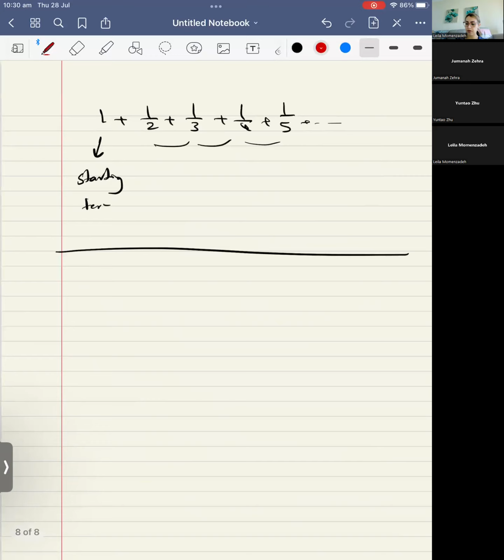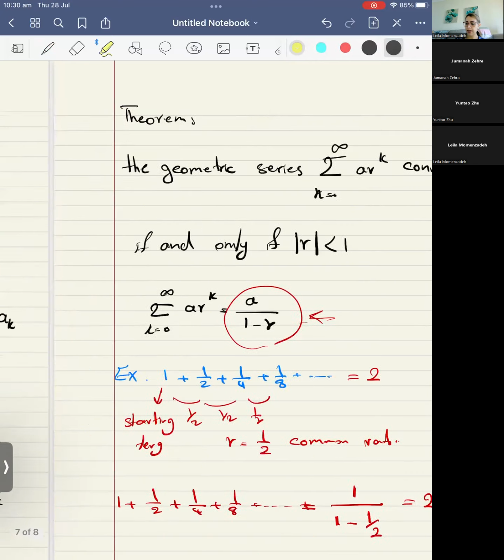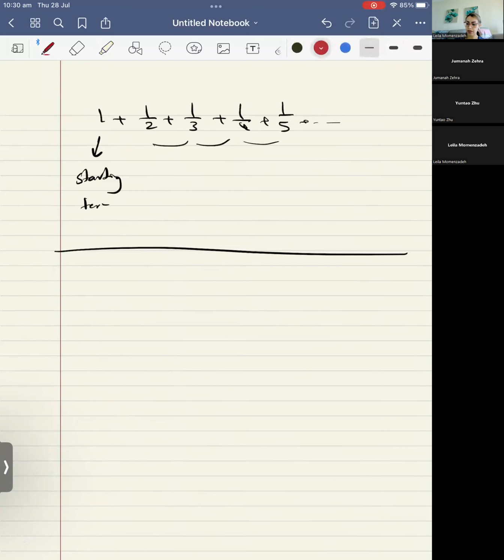Okay, you have a divergence test, you have a geometric series, and now we want to write the ratio test. There are a lot of types of tests for finding whether a series diverges or converges, but unfortunately we don't have one exact solution.